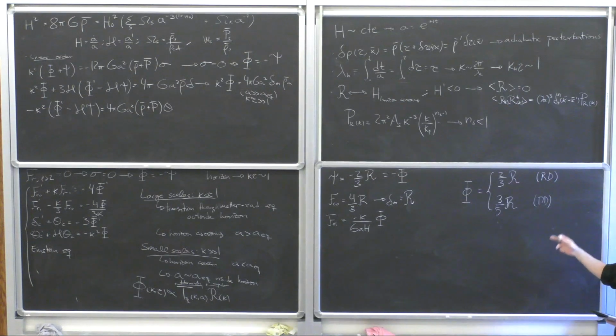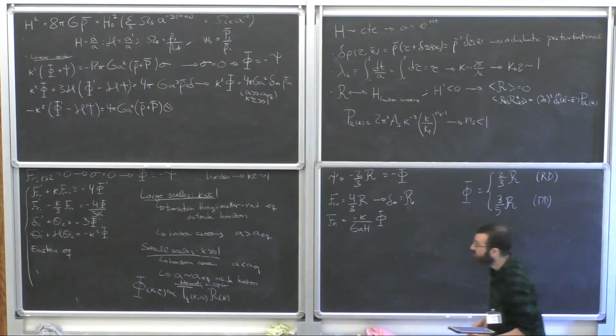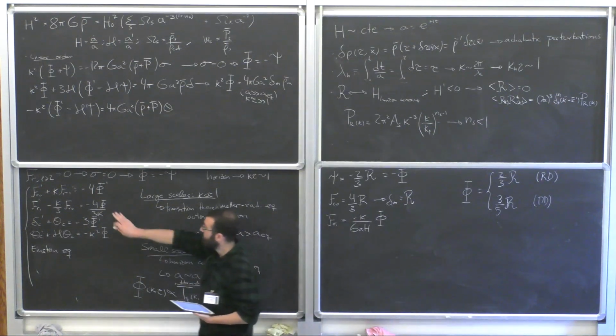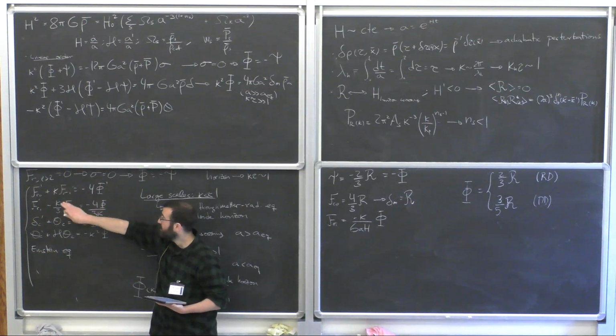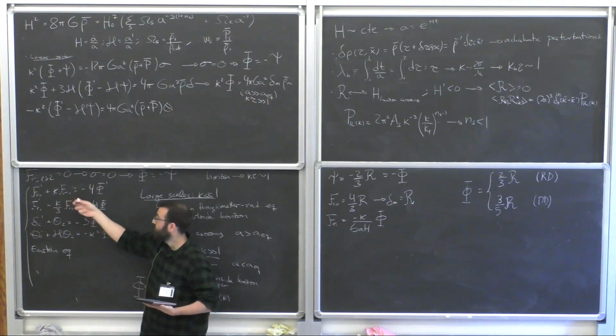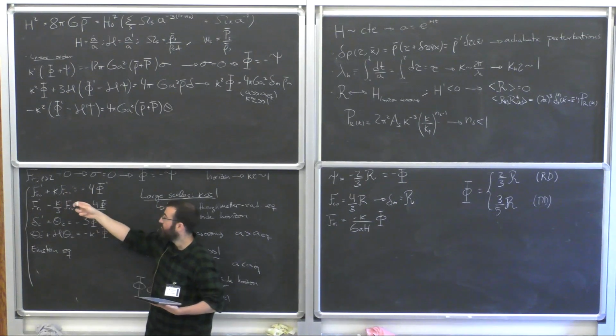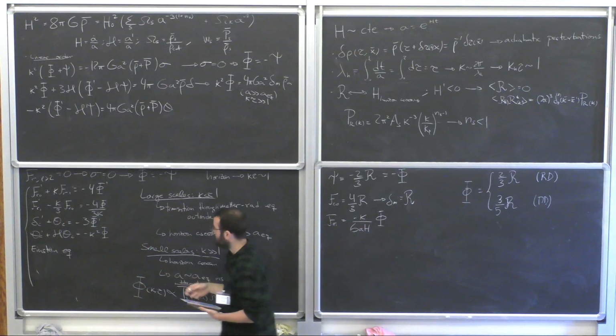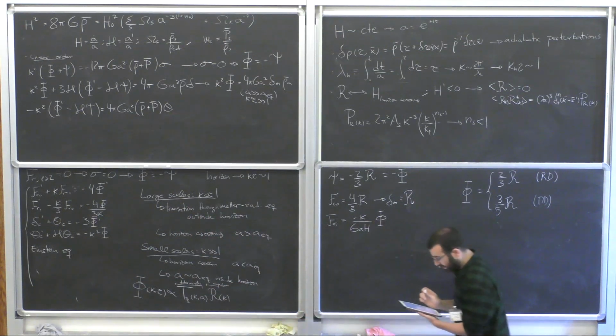We can see that after going through horizon crossing, we basically can ignore these equations, because in matter domination the contribution of the radiation to the potential is going to be minimal, so we can forget about that.